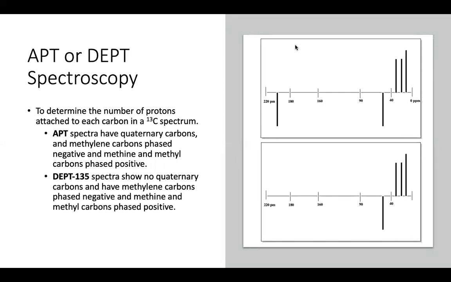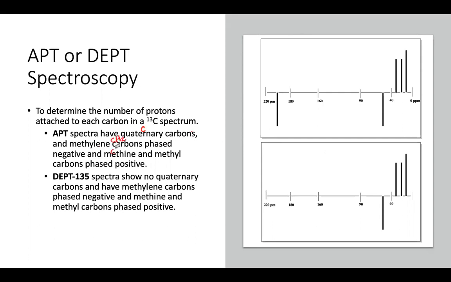And the top spectrum is showing you a DEPT. The DEPT spectra show quaternary carbons, methylene carbons. So quaternary means no hydrogens. Methylene is a carbon with two hydrogens, sorry. So this is a carbon with no hydrogens. This is a CH2.